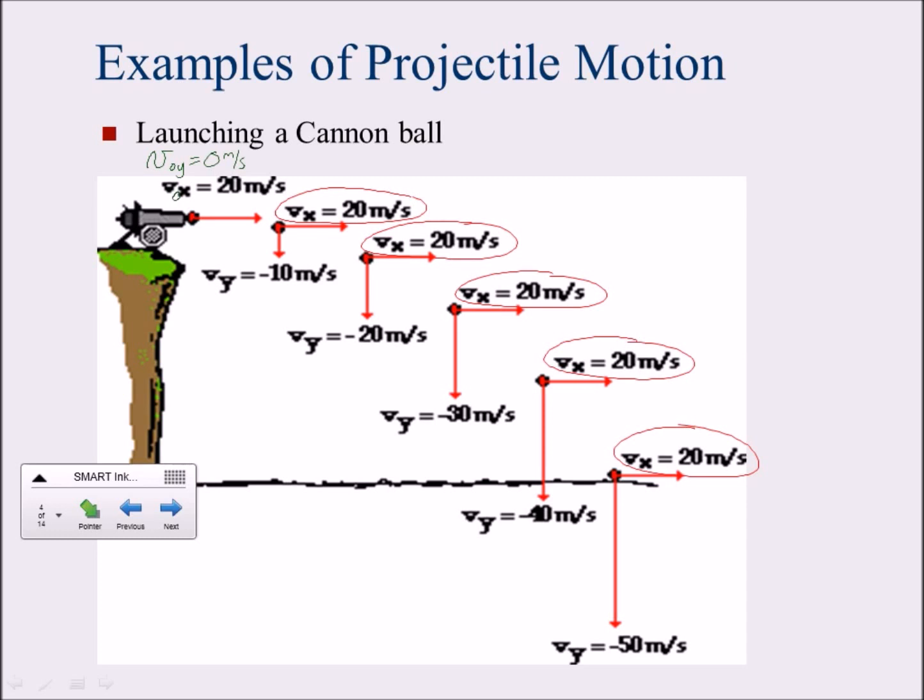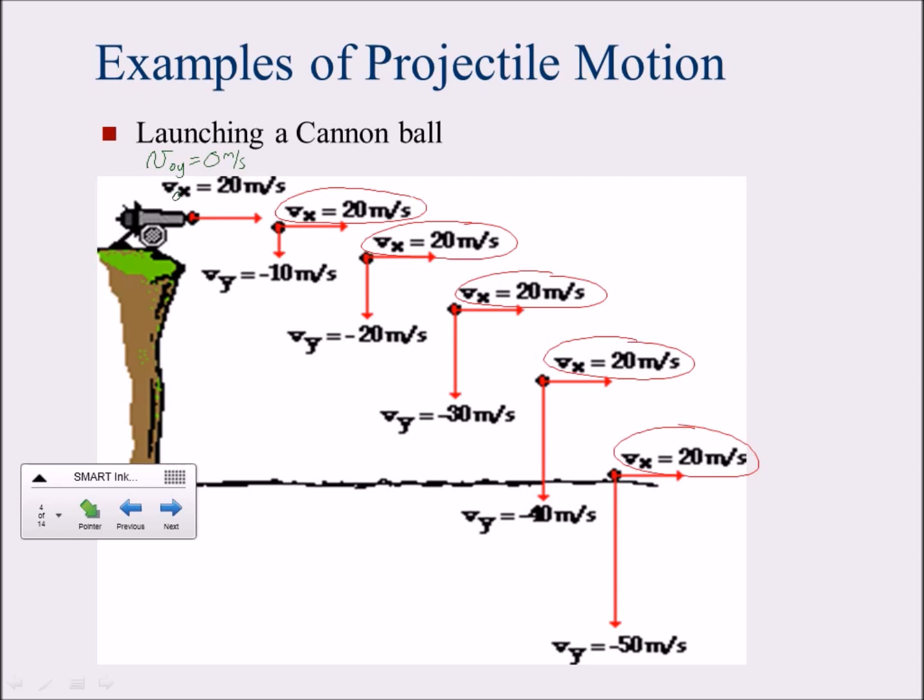But in the y direction, it is accelerating. So this is showing the cannonball at approximately 1 second intervals. It's a little over 1 second. So at that first time, the velocity went from 0 to negative 10 meters per second in the y direction. Again, in 1 second, it's going to gain 9.8 meters per second in the downward direction.